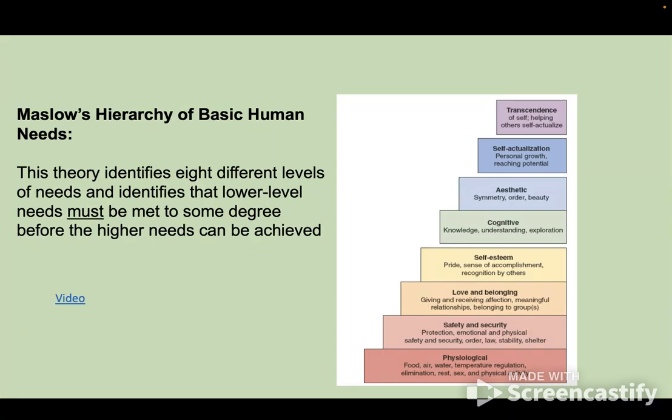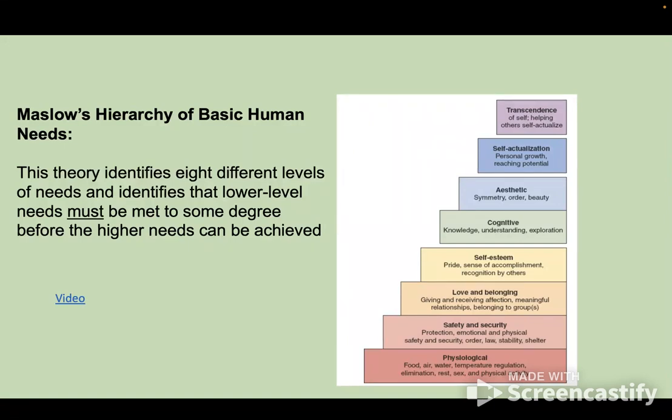When we look at Maslow's hierarchy of basic human needs, I believe they talked a little bit about this in your test-taking strategy seminar, but this theory really identifies 8 different levels of needs and identifies that lower level needs must be met to some degree before the higher needs can be achieved.